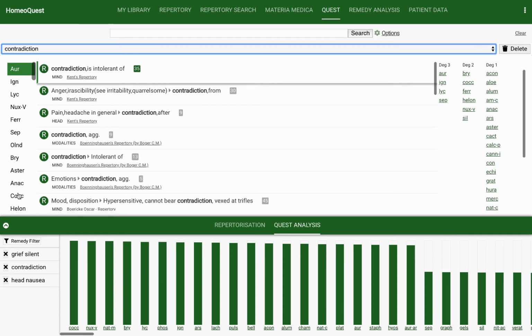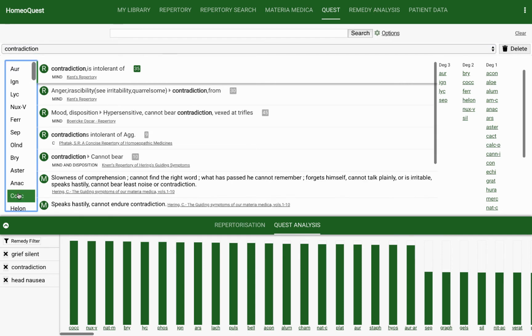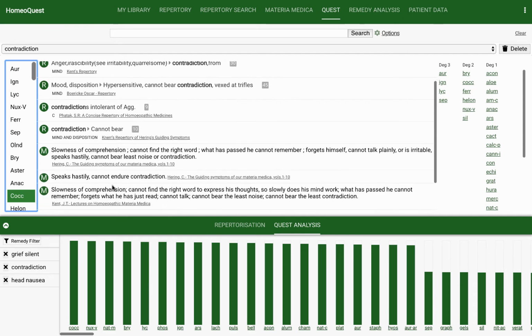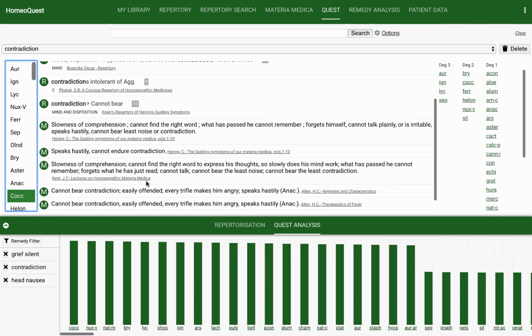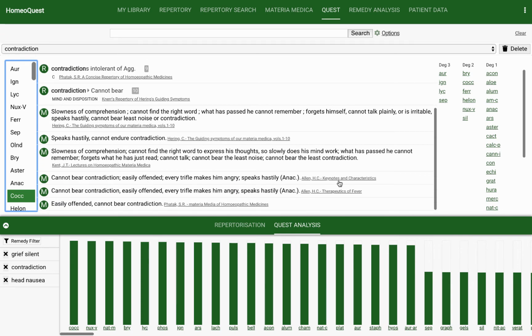In contradiction you have Cocculus come up, which is intolerant of, and anger with vexation, intolerant of, cannot bear, cannot endure contradiction, from Hering's Materia Medica and from Kent's Materia Medica and from Allen's Keynotes, and from Allen's Therapeutics of Fever and Farrington's Materia Medica.